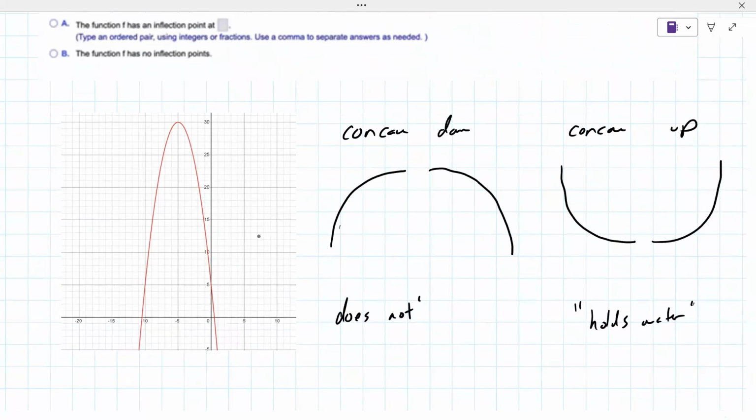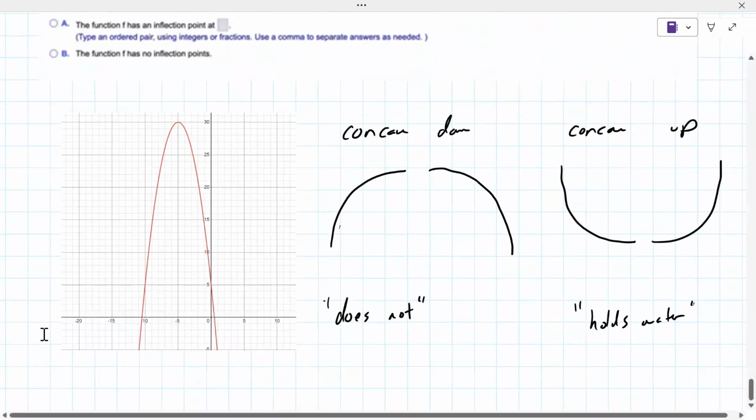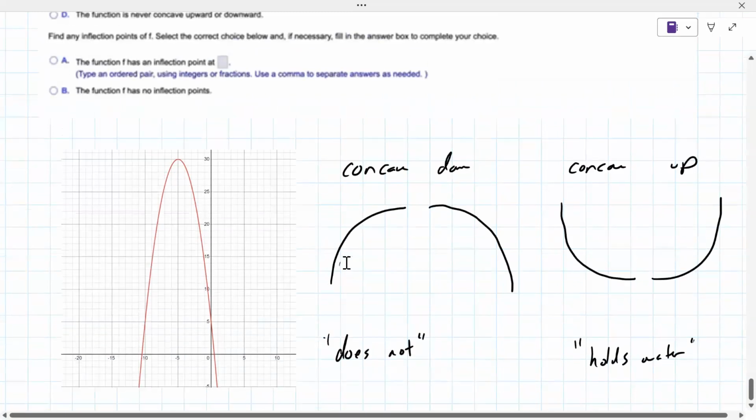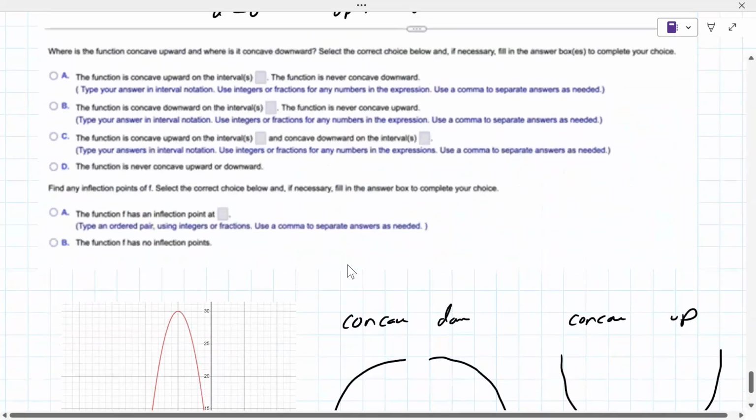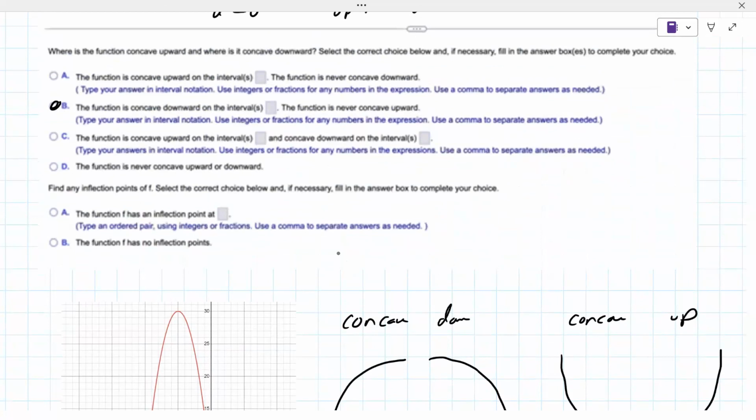So I will ask you now, does this hold water? No. It does not. So this is actually concave down everywhere. It does not have any what are called inflection points, but this is concave down everywhere. And it's never concave up. So that's from minus infinity to infinity.